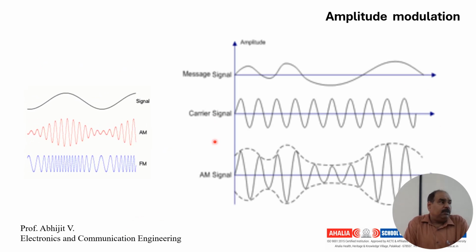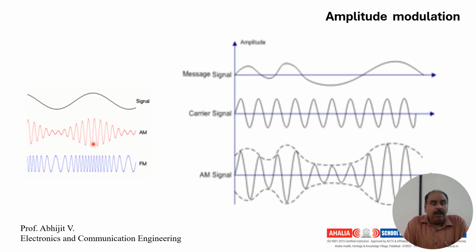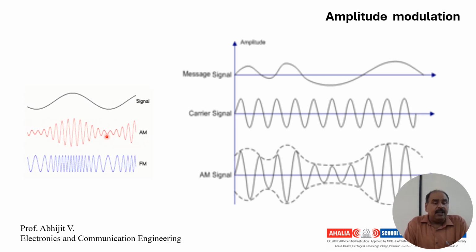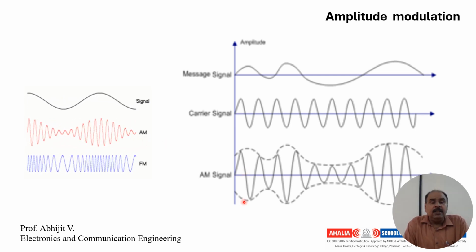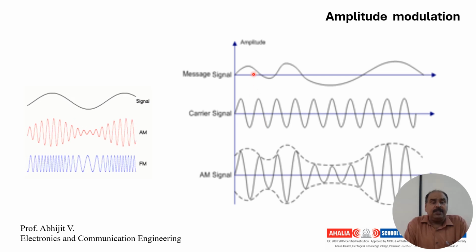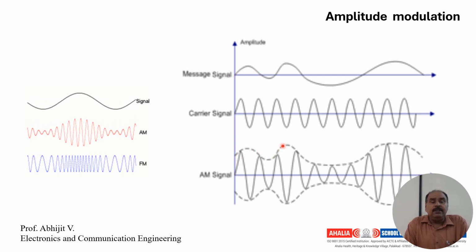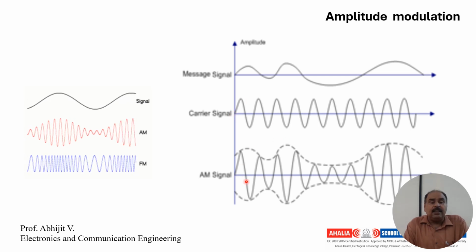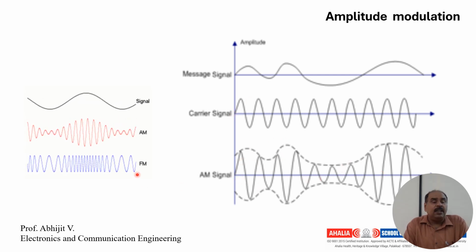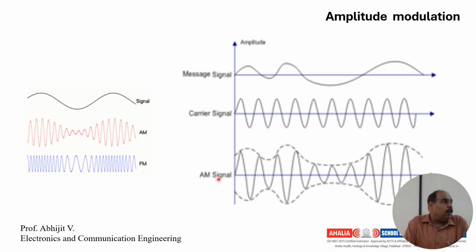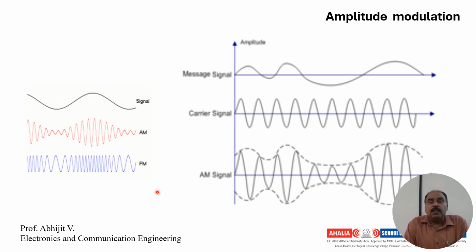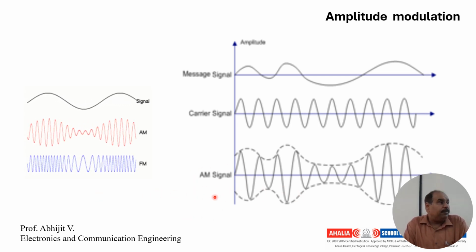So this is an example. In amplitude modulation, you can see that you have a message signal and the carrier signal is getting changed. This is the message signal and this is the carrier signal. The carrier signal is embedded with the message signal and the output of this will be the amplitude modulated signal. This is the thing we are going to transmit.